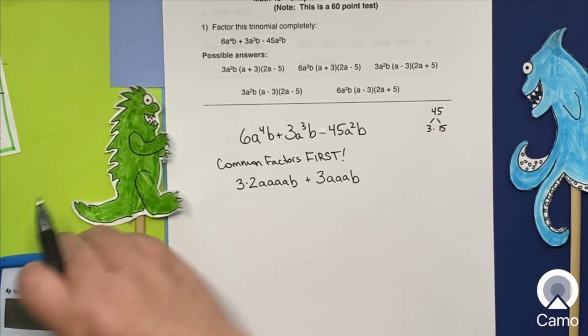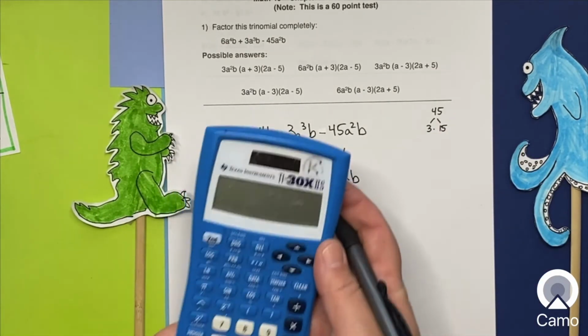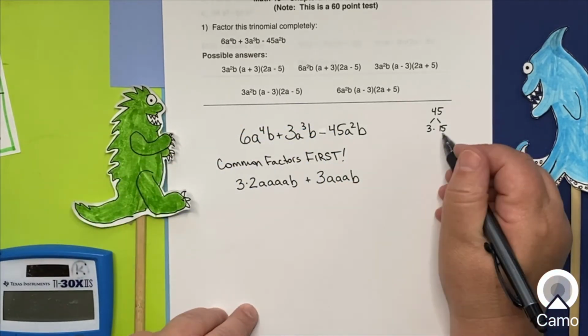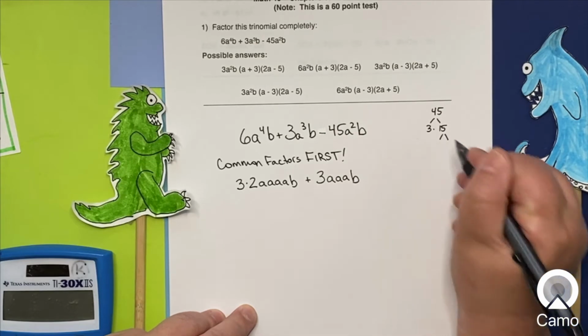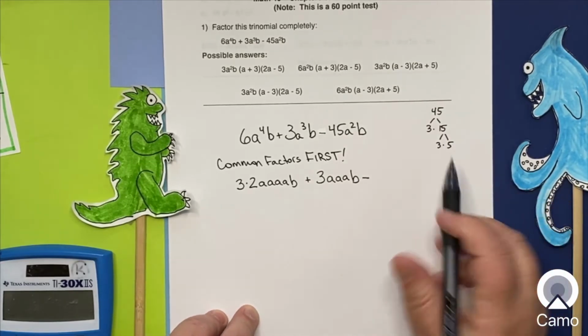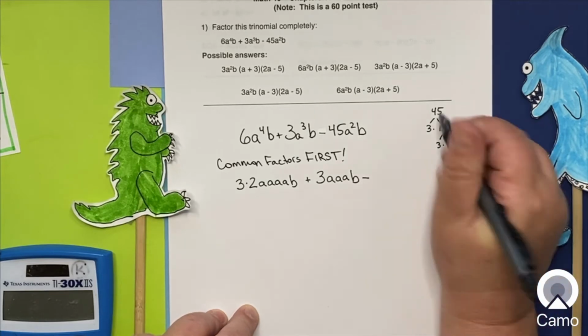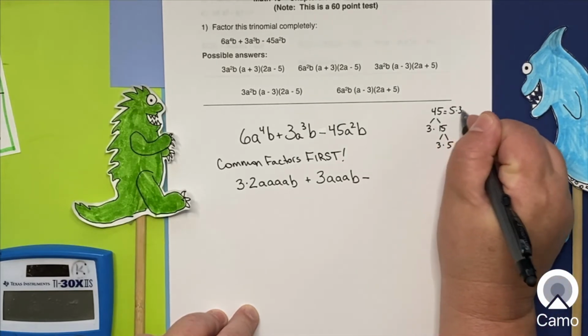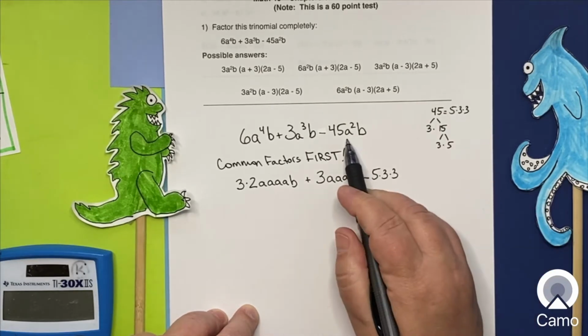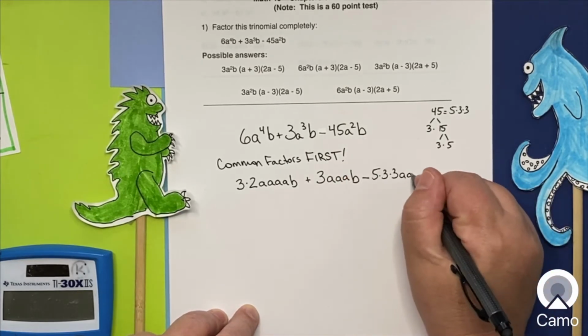If you're not sure, again, use your calculator. Calculators are allowed on the tests and the practice tests. It's 3 times 15, which is in turn 3 times 5. So here I've got a 3 and a 3 and a 5. So I've got 5 times 3 times 3, and then a squared b, so a, a, b.